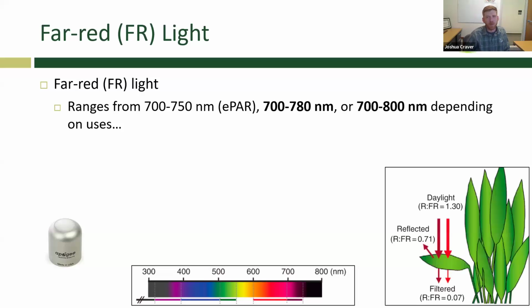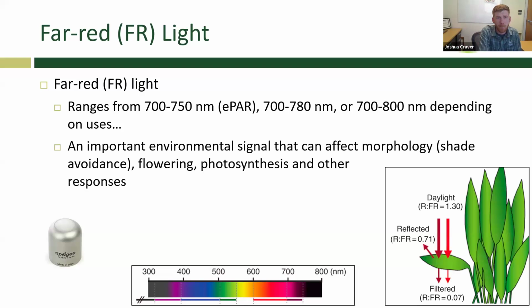But more importantly today, we're going to be talking more about far red light and its uses in terms of photomorphogenesis. And so looking at specifically shifting the red to far red ratio like you see in this picture that we have over here in the bottom right. So far red light's an important environmental signal that affects morphology, including shade avoidance, which is one of the things we're going to be focusing on, as well as flowering, photosynthesis, and many other responses.